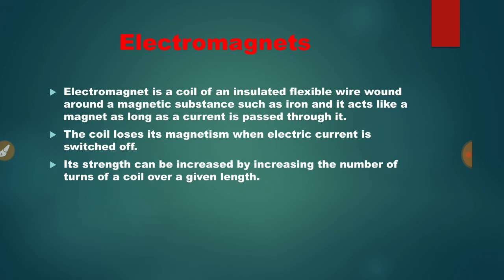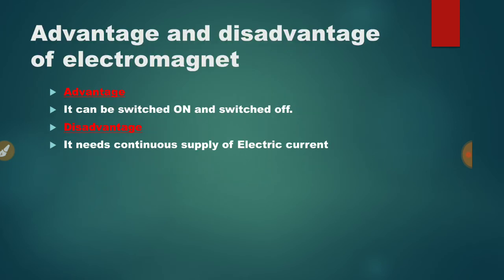It is a coil of insulated flexible wire wound around a magnetic substance such as iron, and it acts like a magnet as long as a current is passed through it, and the coil loses its magnetism when the electric current is switched off. Its strength can be increased by increasing the number of turns of coil over a given length.